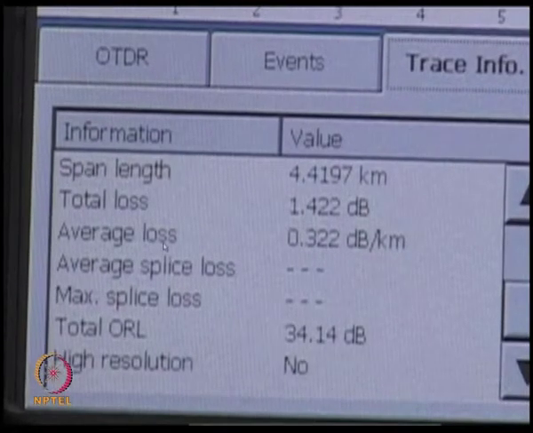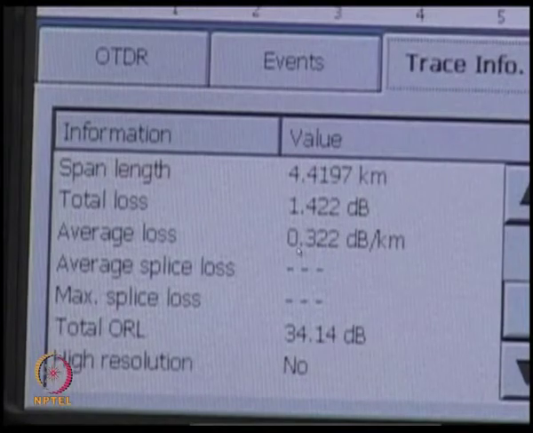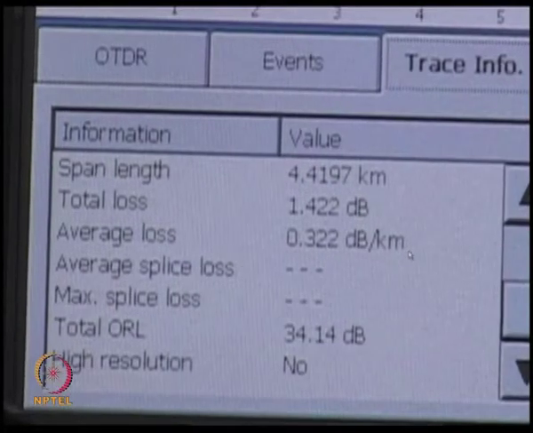So, that gives you the attenuation constant on the optical fiber, it is 0.322 dB per kilometer.